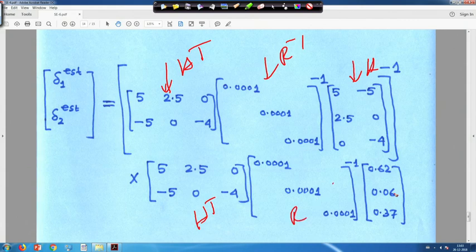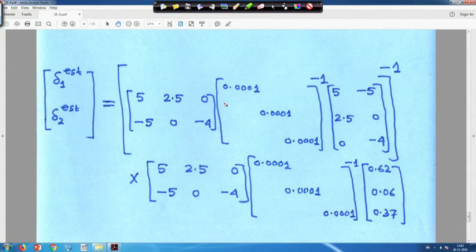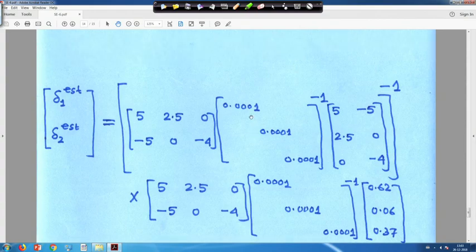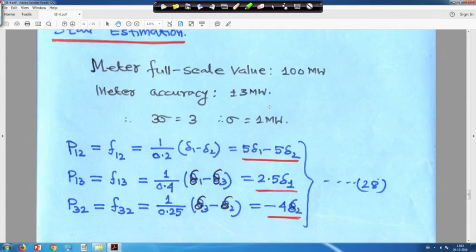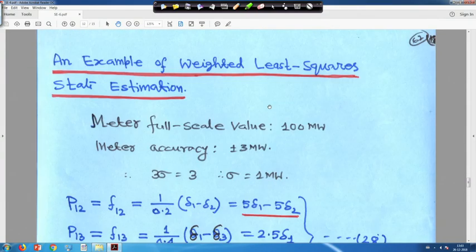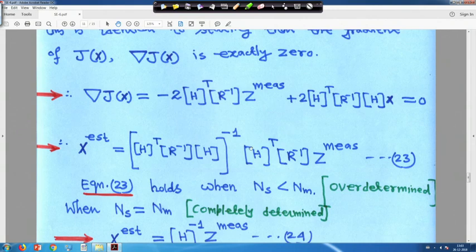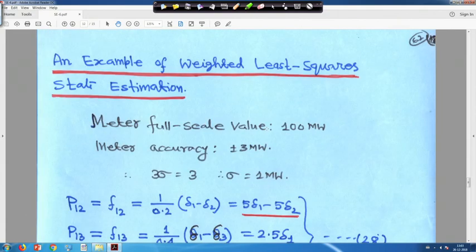So, everything is multiplied. Just put every value in that expression. I will go back to that, just hold on. You go back to equation 23, right.